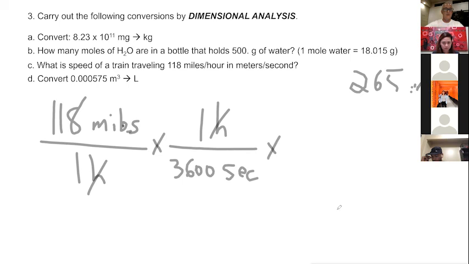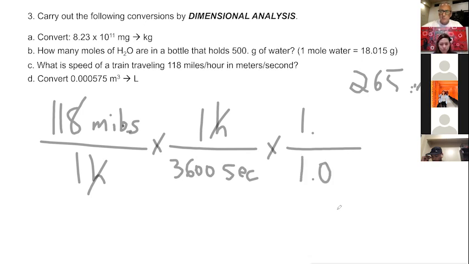The next thing, I want to convert miles to meters. I think there is a conversion for miles to kilometers in the ones I've given you. If there isn't, then you can just look it up. 1.0000 mile equals 1.6093 kilometers.